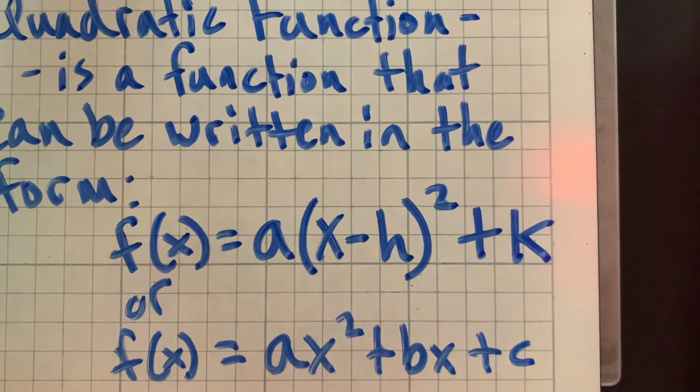Both these forms have a name. We're going to go more into detail about this form, but this is what you call your standard form. So your standard form, again, is ax squared plus bx plus c.